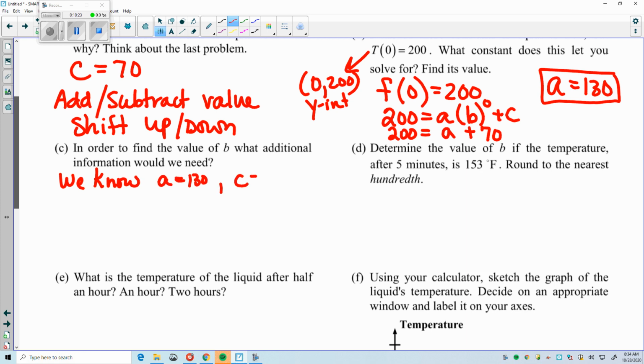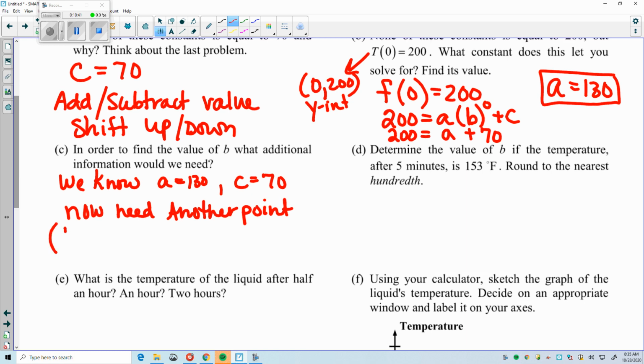We know C is 70. We also need another point in that form of, think about it as, again, like we had up above, time, comma, temp.